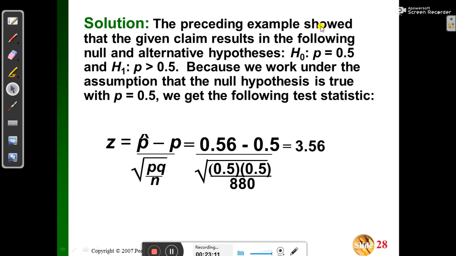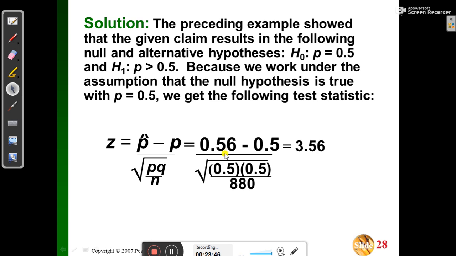The preceding example showed that the given claim results in the following null and alternative hypotheses, as in the previous examples. H0: p equal to 0.5, because the equal symbol is associated with the null only, but not with the alternative. H1: p greater than 0.5. We work under the assumption that the null hypothesis is true, so with p equal to 0.5 we get the following test statistic.